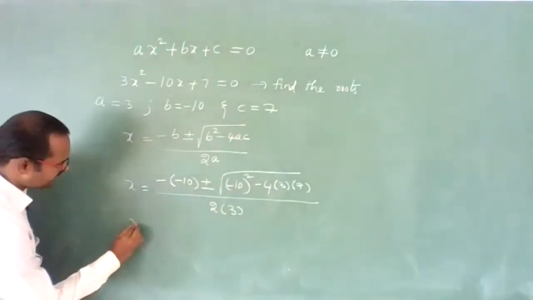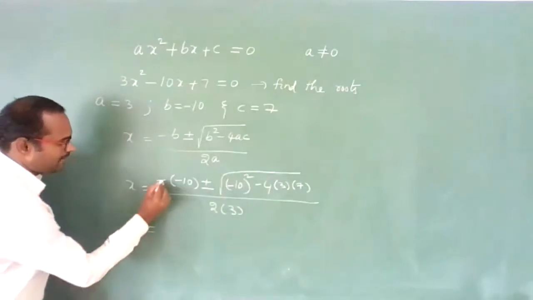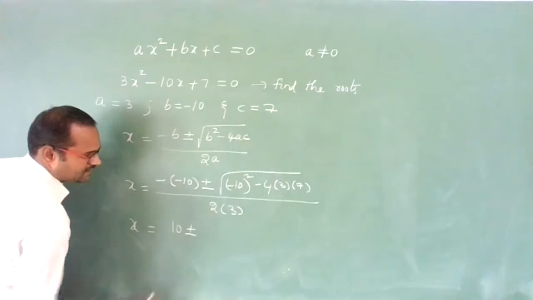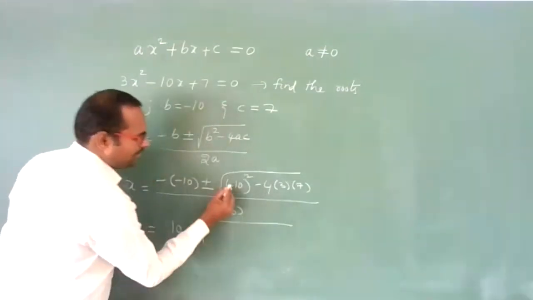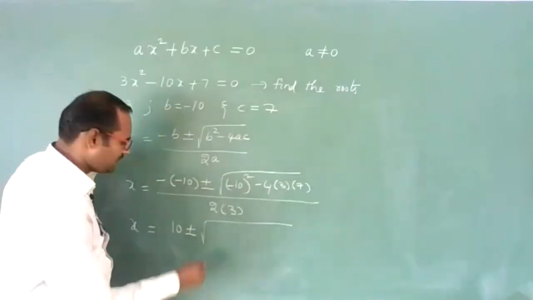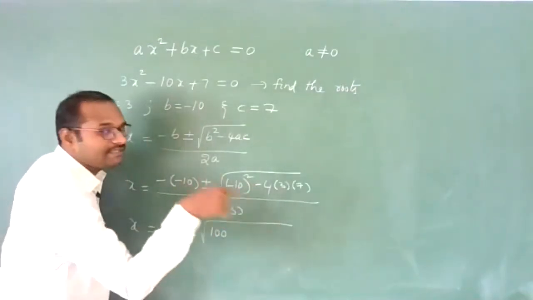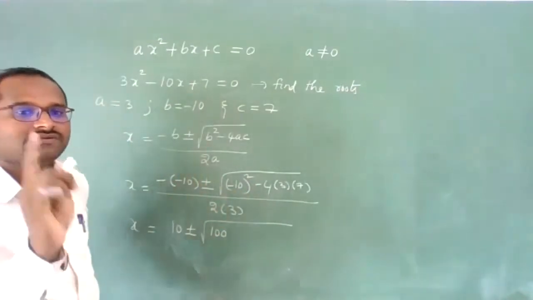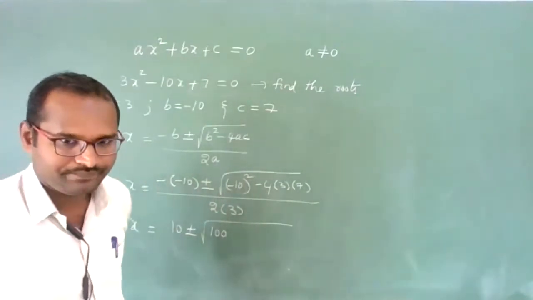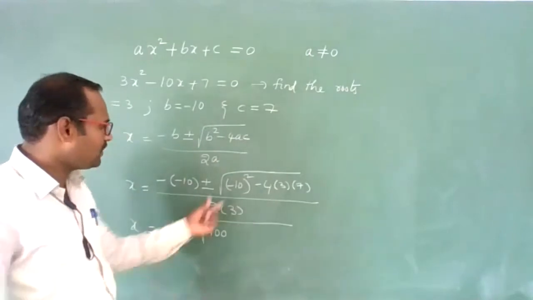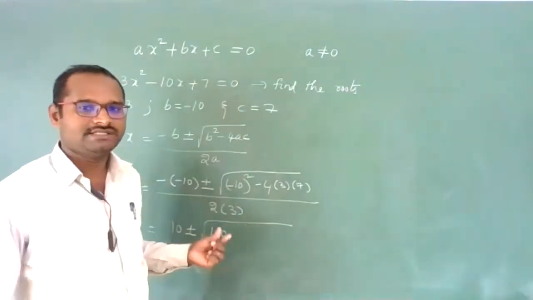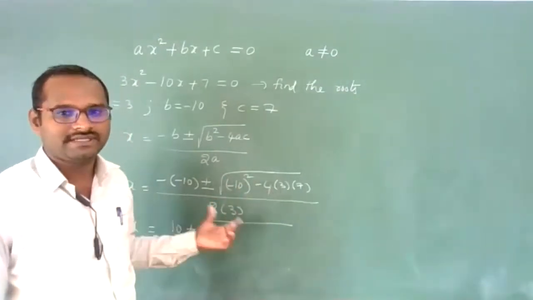So what you will get is x roots as minus of minus is plus, means 10 plus or minus under root of -10 whole square. -10 whole square you will get as 100, correct? -10 into -10, minus of minus you will get plus, and 10 into 10 is 100.